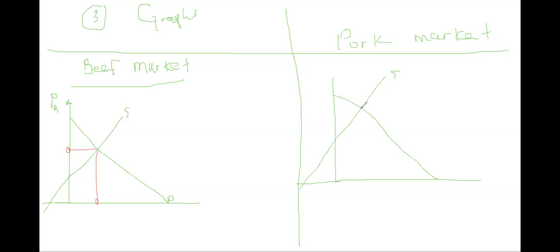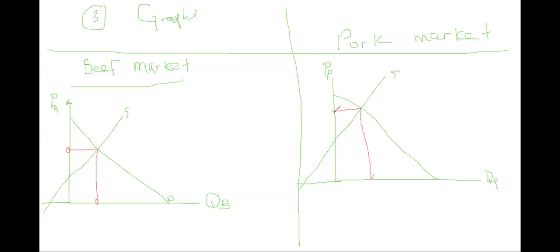We'll have different points as well. So here we can say it's just the price. Is the price of what? Pork. Here is the quantity demanded of beef. Here is the quantity demanded for pork.